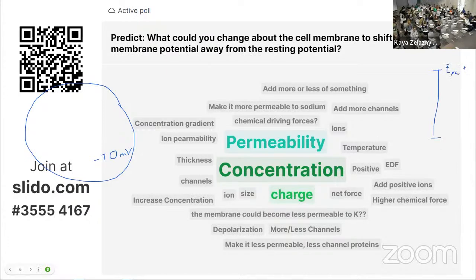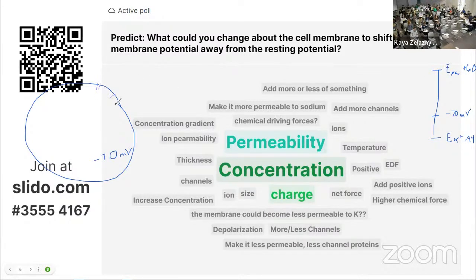Okay. So when we're looking at that number line, where we see our equilibrium potential for sodium at positive 60, our equilibrium potential for potassium down at negative 94-ish, and our resting membrane potential of negative 70 millivolts. One of the things we noticed was this negative 70 is closer to negative 94. So we're closer to the equilibrium potential for potassium. Part of the reason for that is we have all those potassium leak channels.